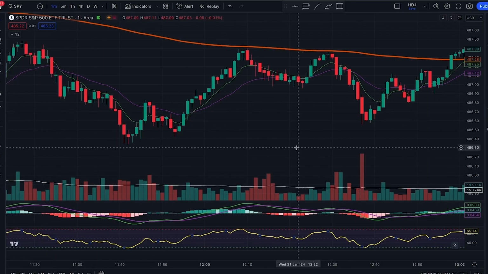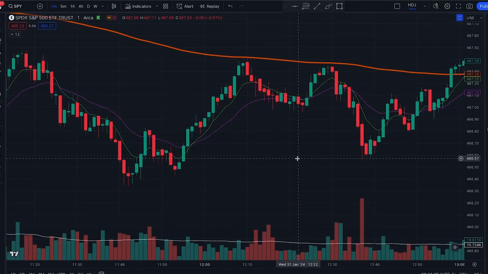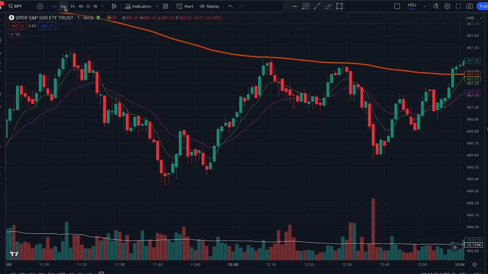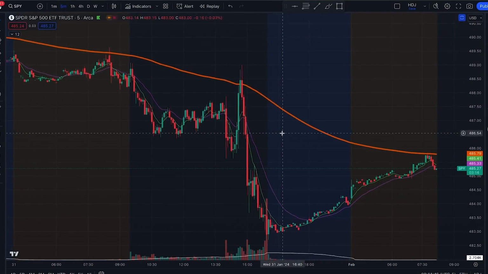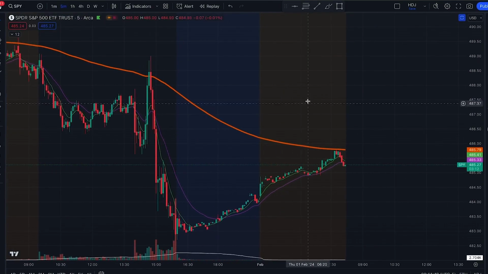All right, so don't click on that. So we'll jump back over here to the 5-minute chart. Reset that. Okay, and of course you've got your pre-market area, which will be shaded here in this orangish color, and this was post-market yesterday, this blue color.